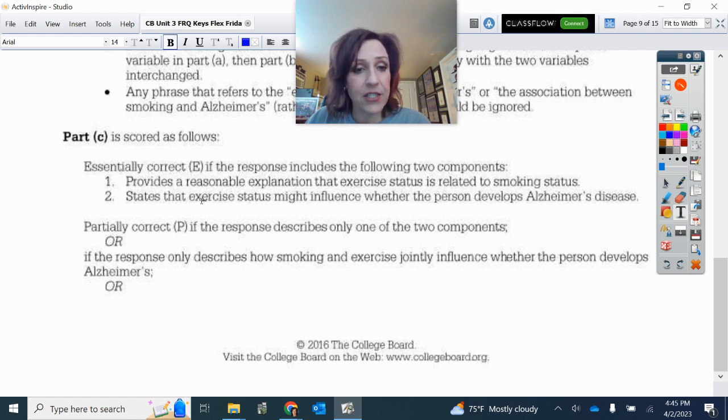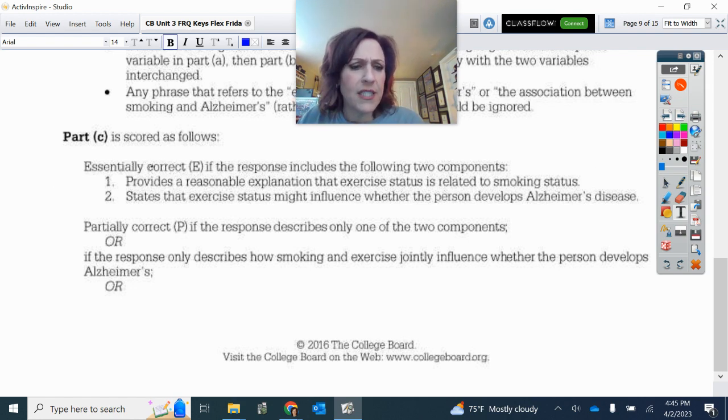And states that exercise status might influence whether a person develops Alzheimer's disease. Okay. So far, I have not provided a reasonable explanation that links exercise and smoking, meaning kind of like a more healthy person who exercises more might also be the person who doesn't smoke.